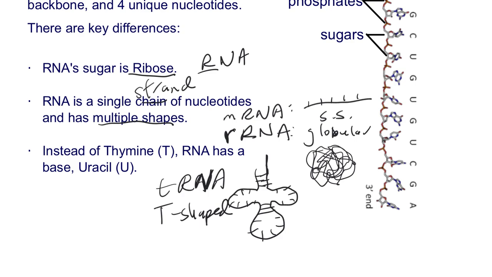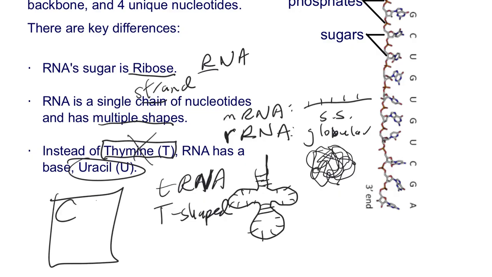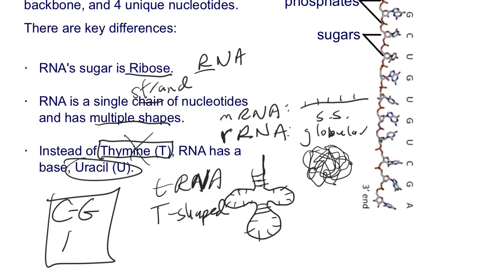Now, another important difference is that instead of thymine, the nitrogen base uracil replaces it. So the base pairing rules would be C-G still, because RNA still has C and G in it, but there's no T. So adenine will bind with, instead of T, because there is no T in the RNA.